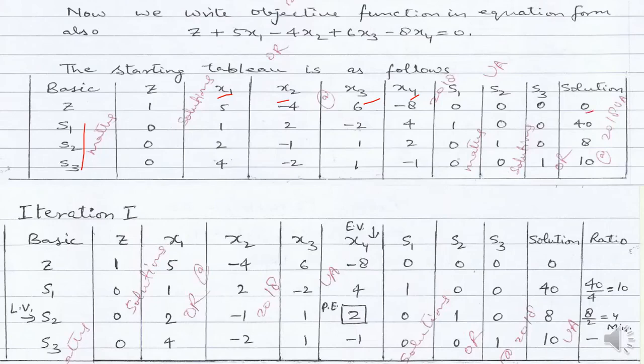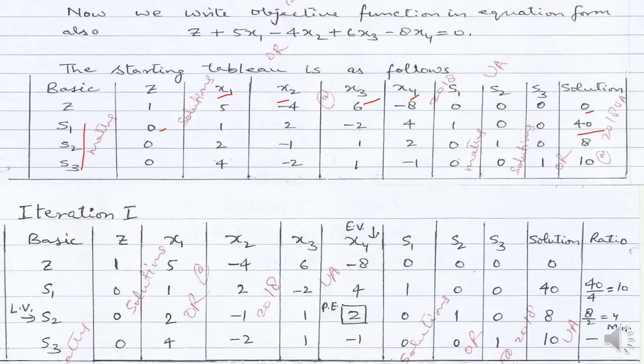Now the s1 row is the first constraint row, and we have written coefficients of the first constraint here. The coefficient of z is 0 in the first constraint, and the coefficient of x1 is 1, x2 is 2, x3 is minus 2, x4 is 4, s1 is 1, and s2, s3 are 0, 0, and the right hand side is 40.